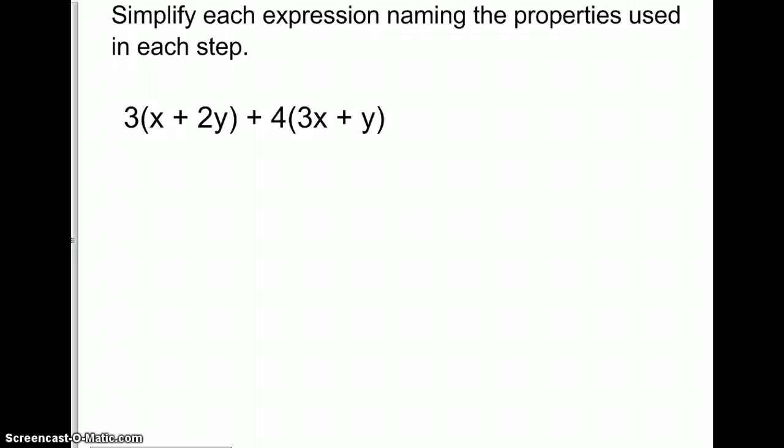And one of our last examples that we'll do here, this one's a little more complicated. As we name the steps, one thing that I didn't show in the previous examples, the expression that we're starting with oftentimes is our given expression. It's what we start with. And we can sometimes name that step and just say, oh, it's given.